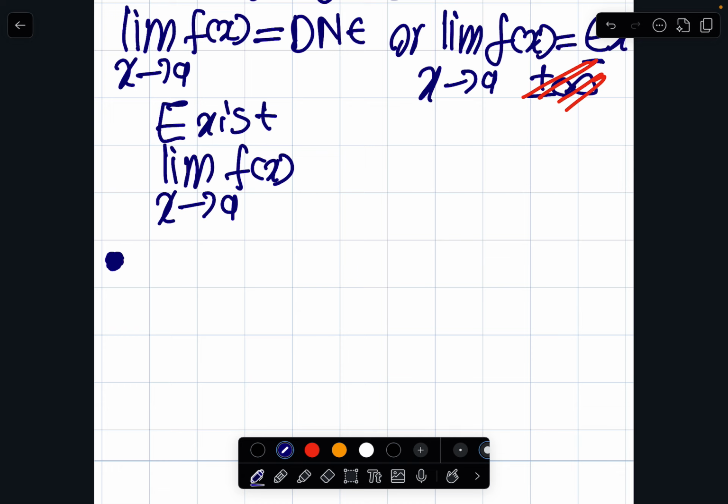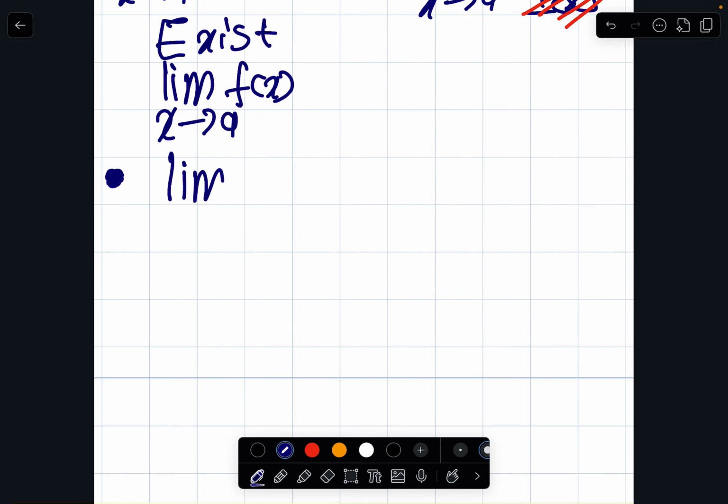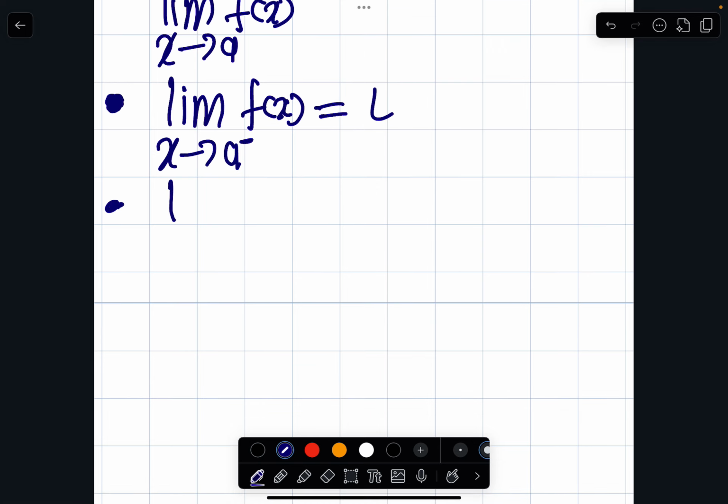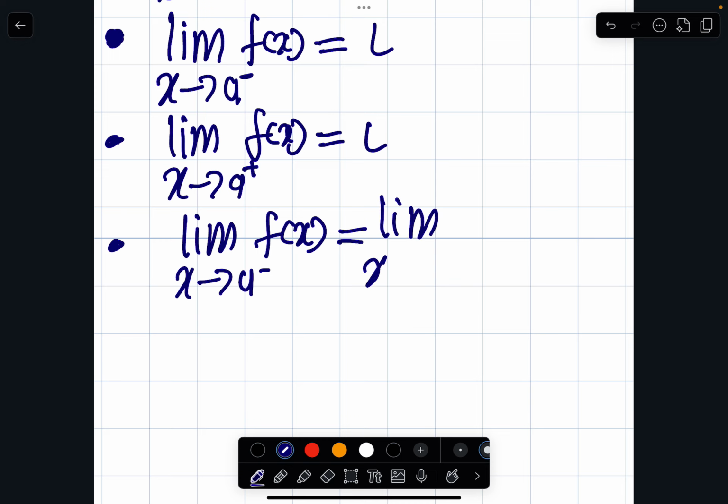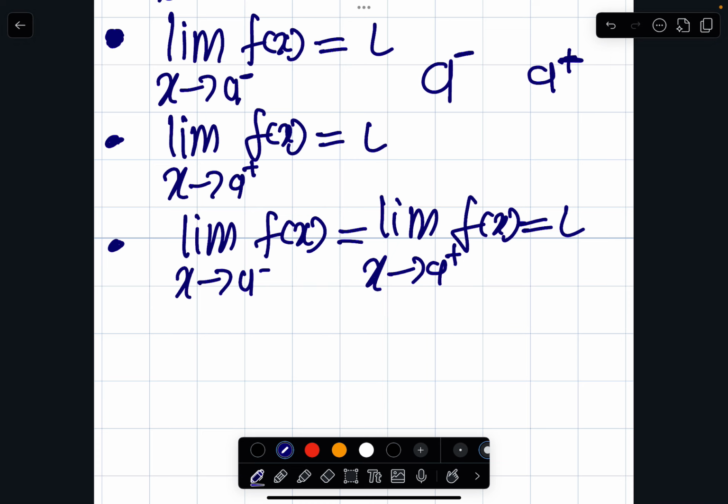For a limit to exist, point number 1: the limit as x approaches a from the left of f of x must be equal to L. Point number 2: the limit as x approaches a from the right of f of x must be equal to L. Point number 3: the limit from the left of a must be equal to the limit from the right of a, and equal to L. Remember, this means from the left, and this means from the right.